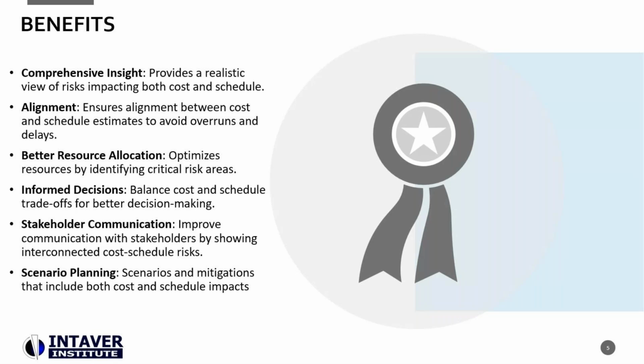Alignment: it helps to align the estimates between cost and schedule, and that might help with overruns and delays. By bringing together cost and schedule analysis, you can get a better idea of where your critical risk areas are that are affecting both cost and schedule, and better optimize your resources.